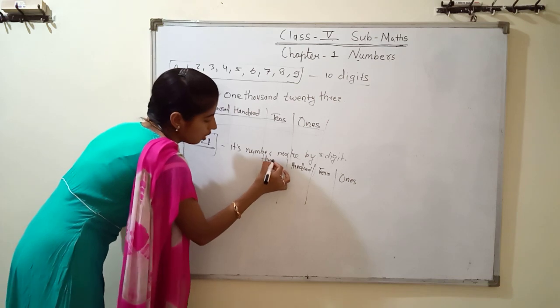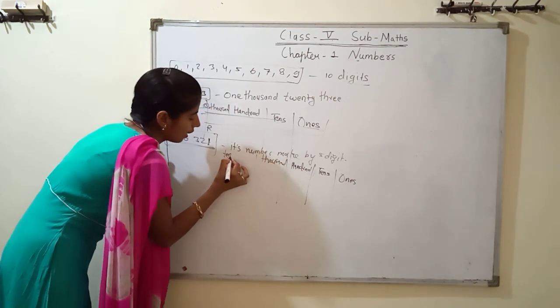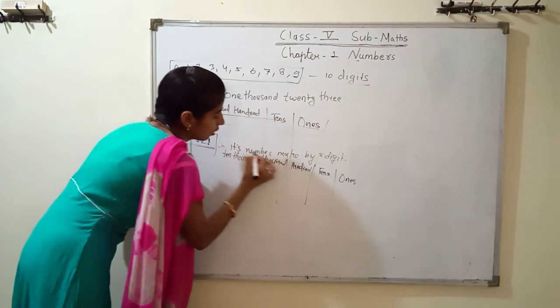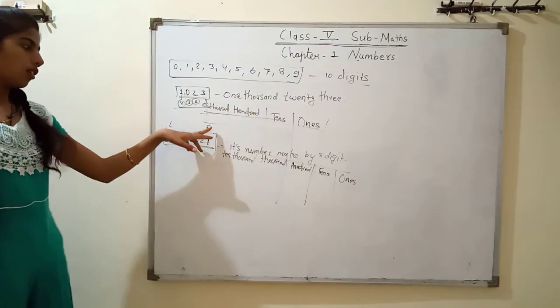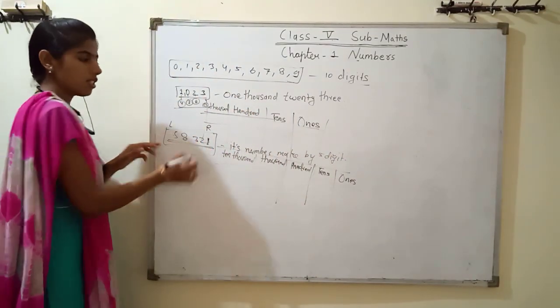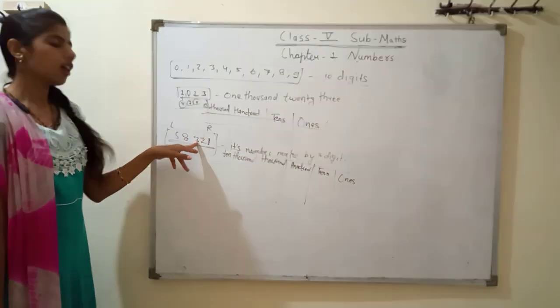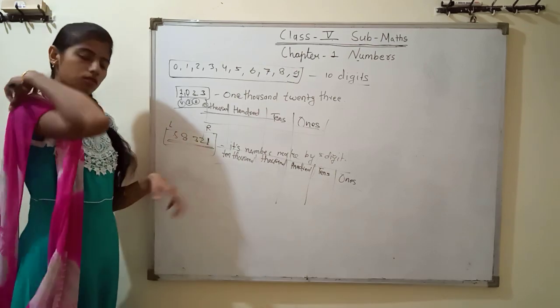Fourth is the 1000 value. And fifth is 10,000. Now you can see your right side first number is ones value, second is tens value, third is 100 value, fourth is 1000 value and fifth is 10,000 value.